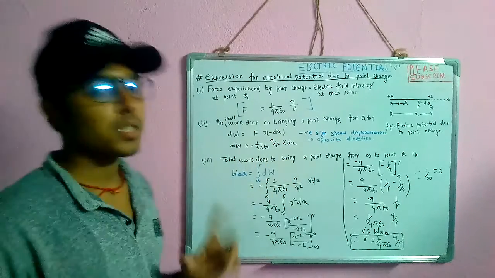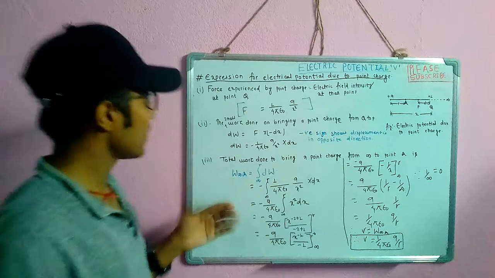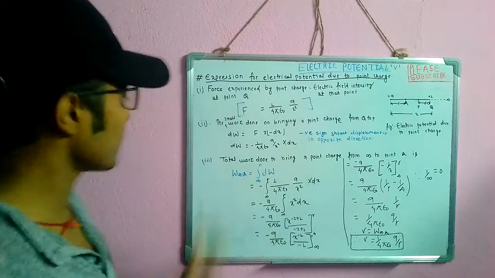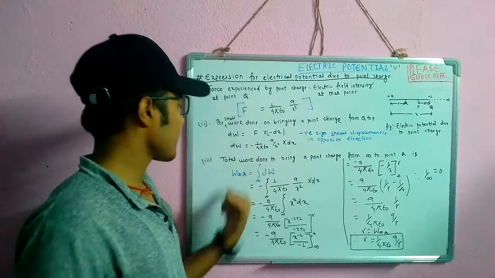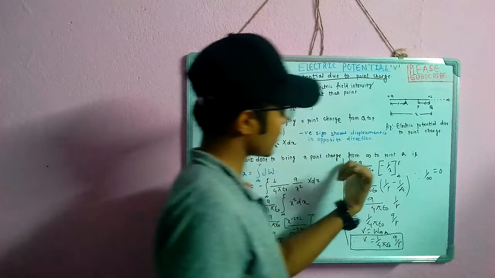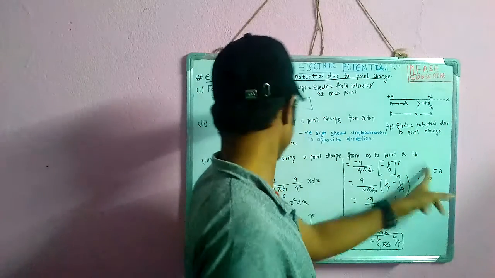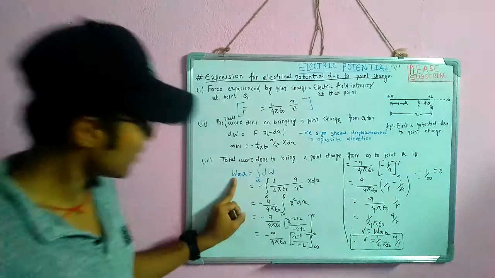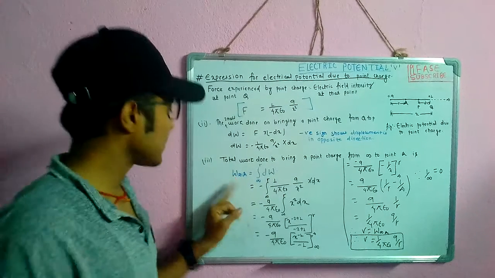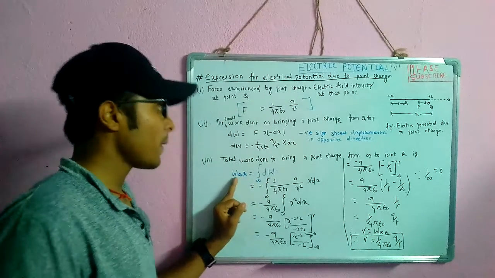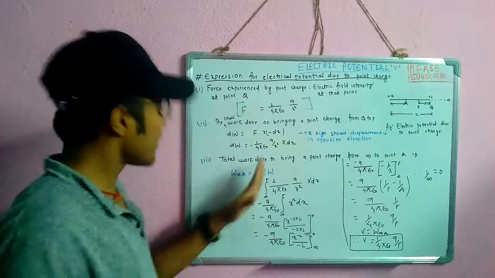And number 3, the main thing that must be in our mind for the derivation of this expression is the total work done, and this is the conclusion of this derivation. Total work done to bring a point charge from infinity to a point A is represented by W infinity A, and the work done to bring a unit positive charge from infinity to A is given by integration of this one.